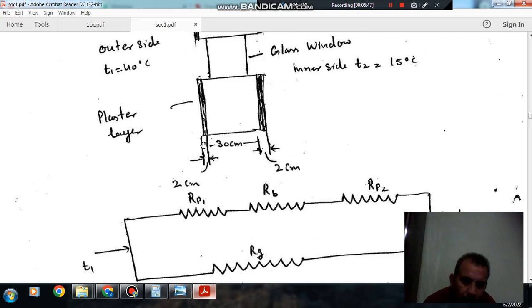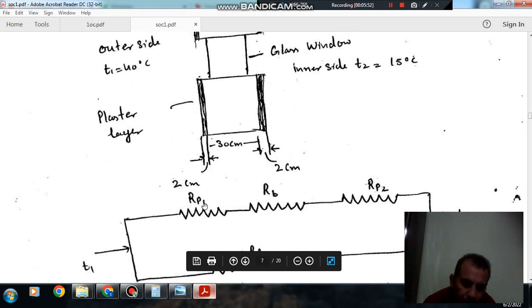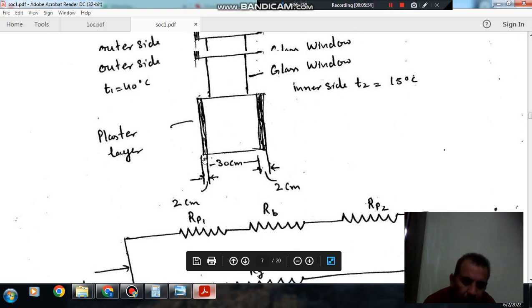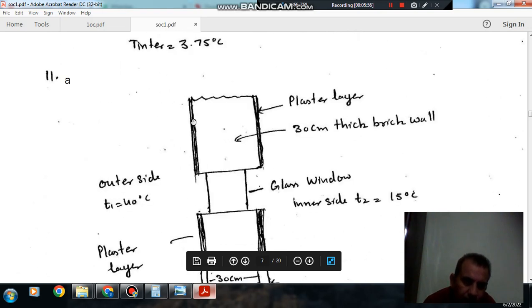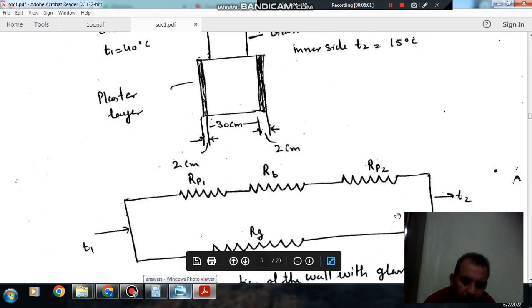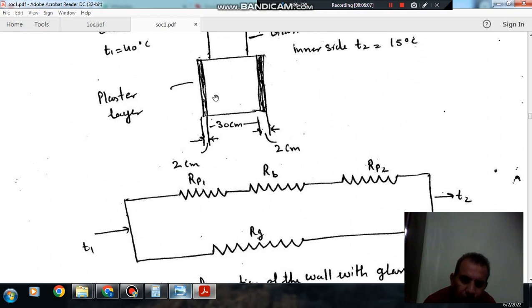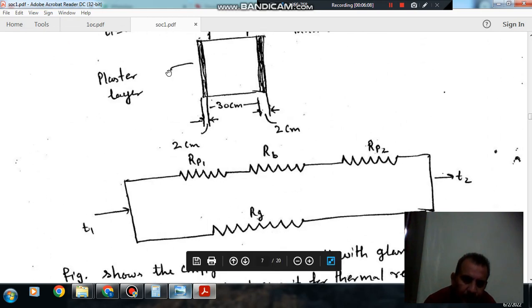So the resistance of this shaded portion is RP1, up to this hole. RP1, and the resistance of this is RP2, and the resistance of the brick wall is RB, and the resistance of the window is RW, between temperature T1 and temperature T2.